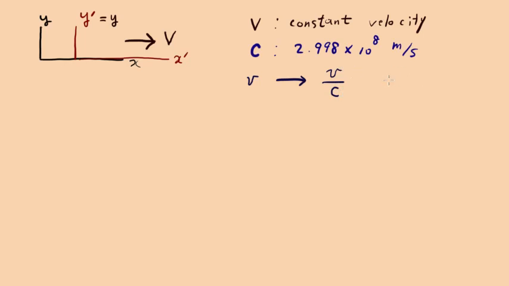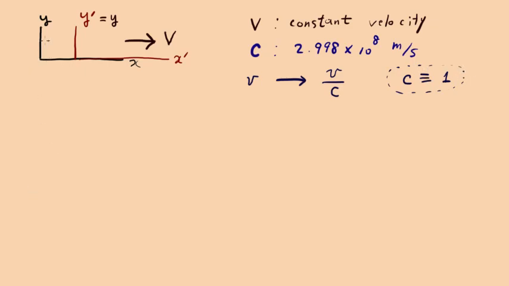Okay, and we have a name for this kind of unit system. It's called the natural unit system. In this natural unit system, we take c as the reference velocity, and by expressing all the velocities as a fraction of c, we are defining c as 1. Okay, so that's what I'm going to use for a while.